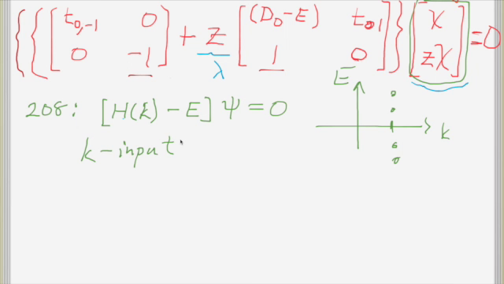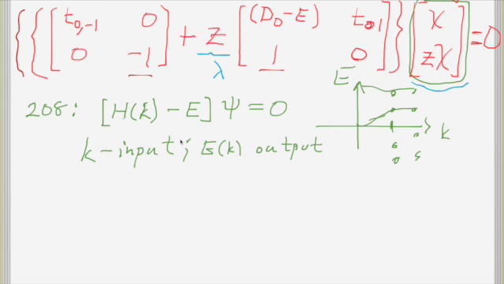And then you just move along in k, and you string these all together, and you get your 4 bands. You tie all these points together, and you get your 4 bands that come from these systems. So k is an input, E of k is the output. All right, this is what you were doing in 208.